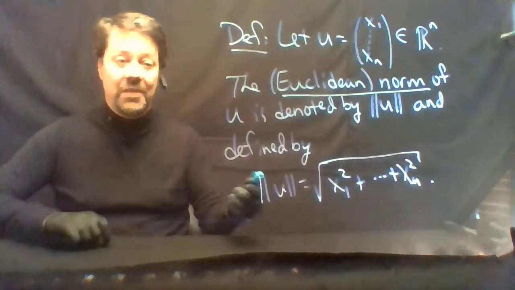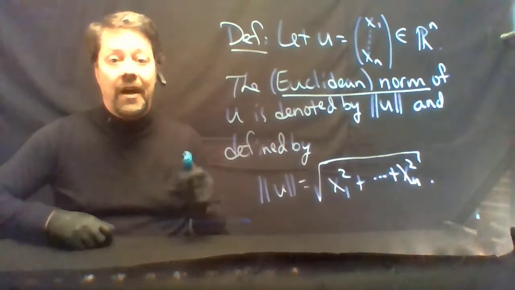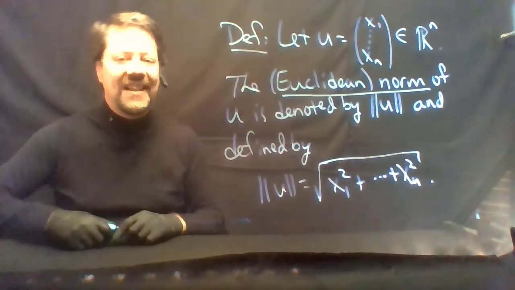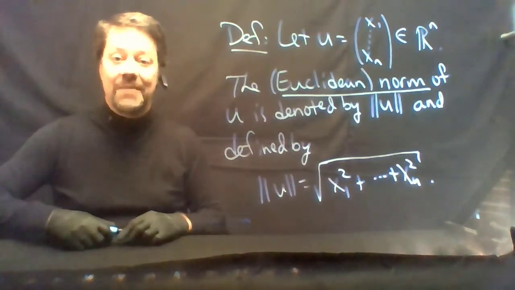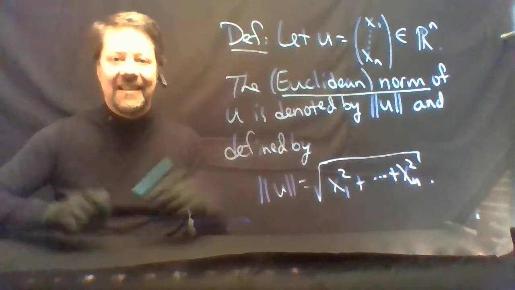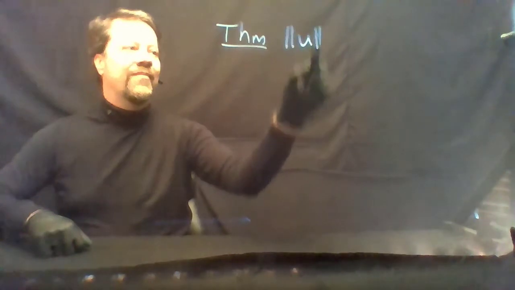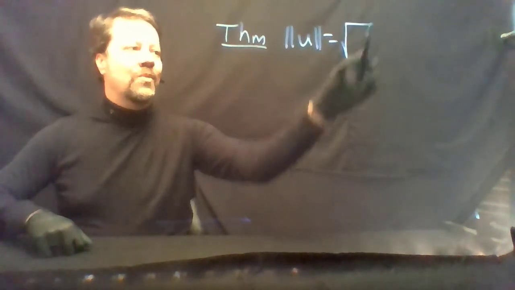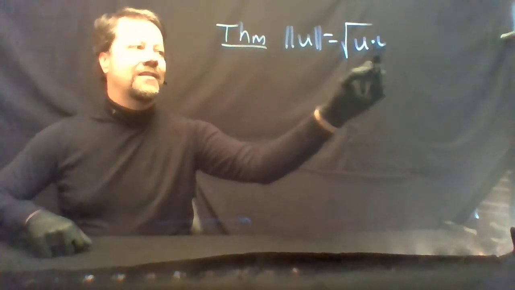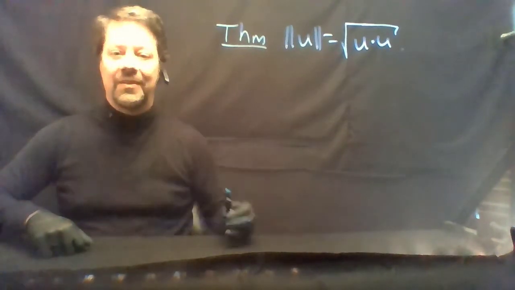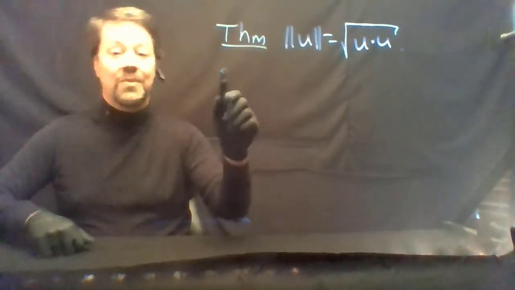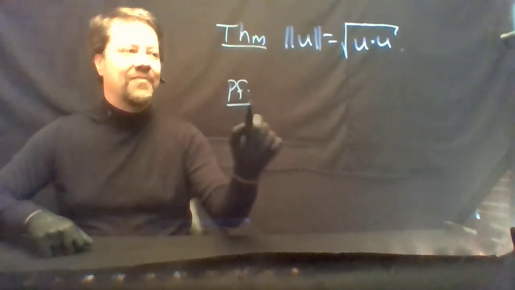I should mention that there are other norms besides the Euclidean norm. This happens to be consistent with the notion of Euclidean lengths. Before getting too far into the properties, I would like to show that the Euclidean norm is the square root of the dot product of the vector with itself. This is more of an observation, really.